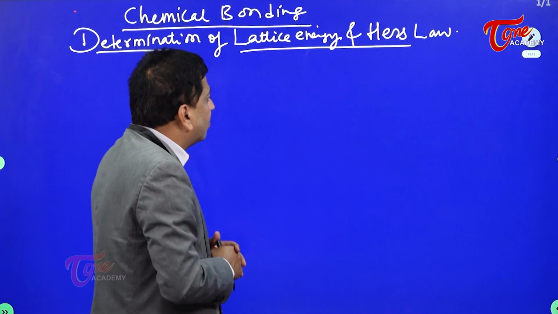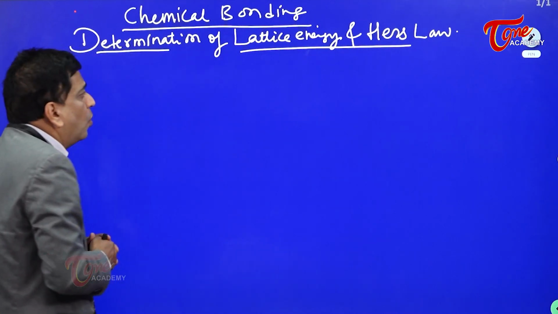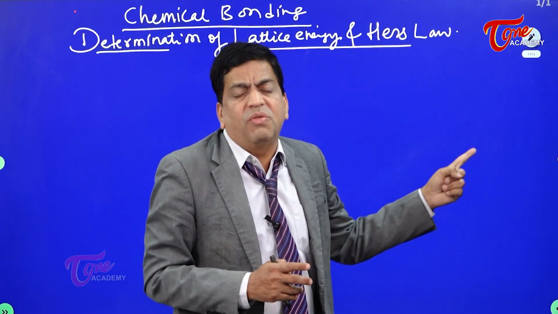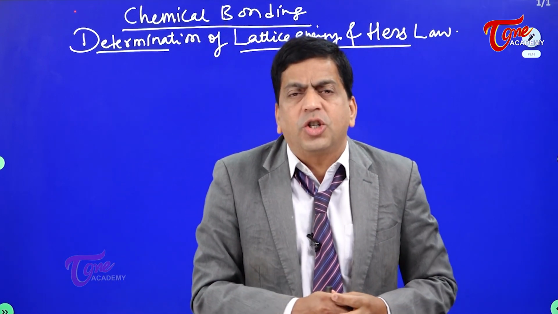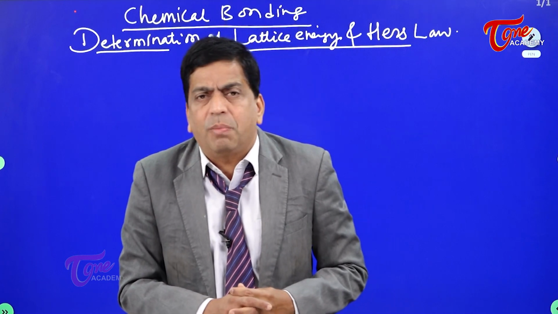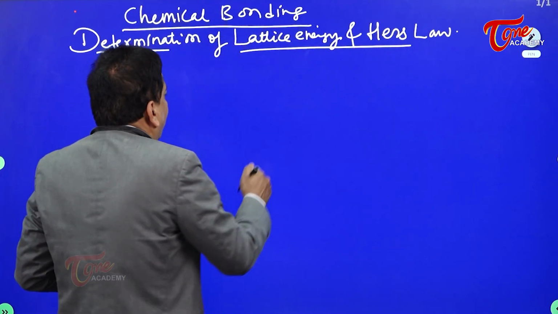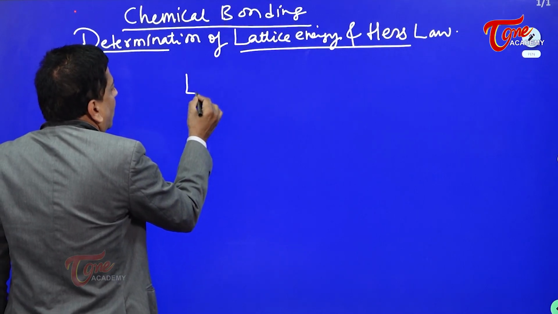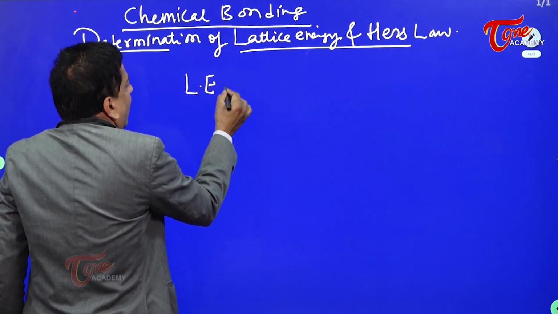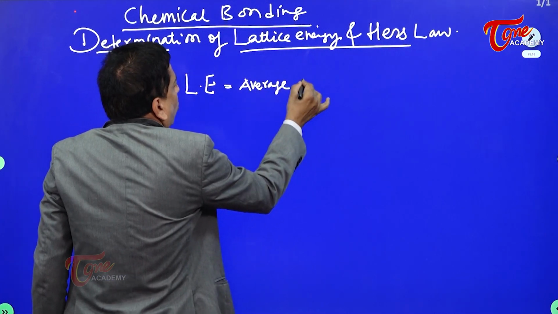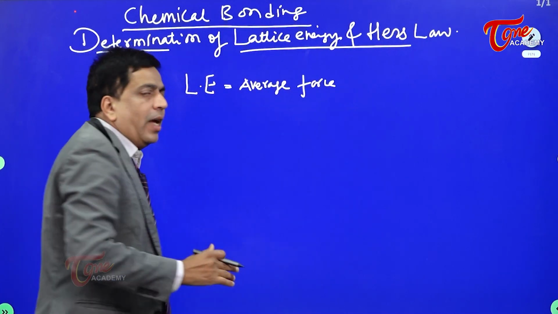And coming to the next point, we will determine the lattice energy, and the basis will be Hess's law of constant heat summation. That is our point of discussion, right? And if you ask me what exactly is lattice energy, I consider it to be an average force.